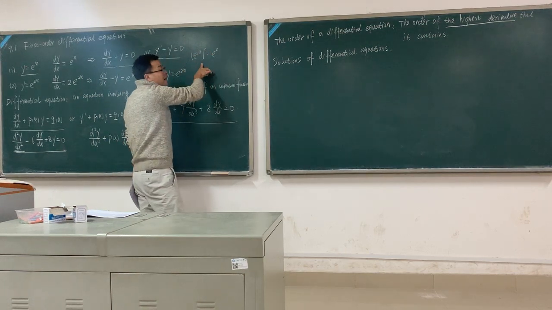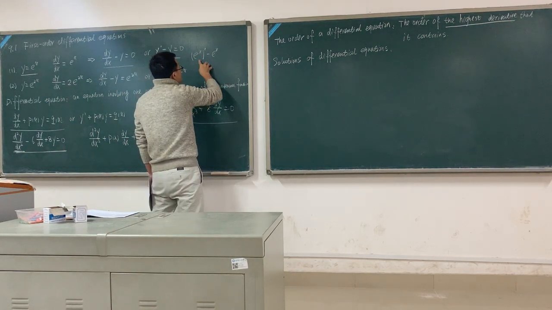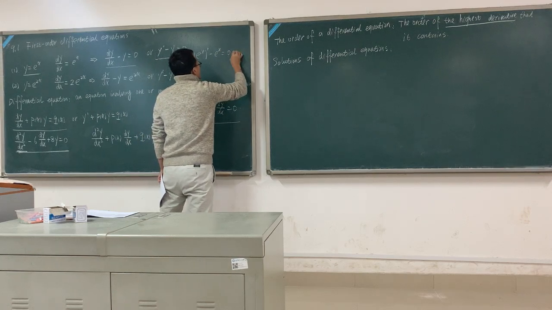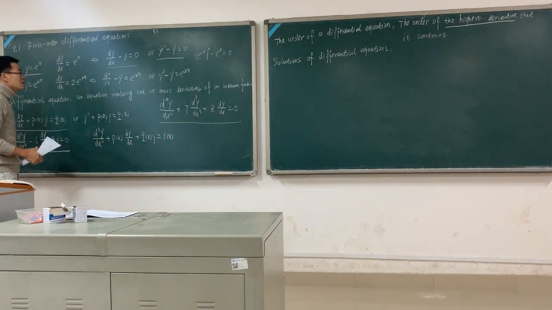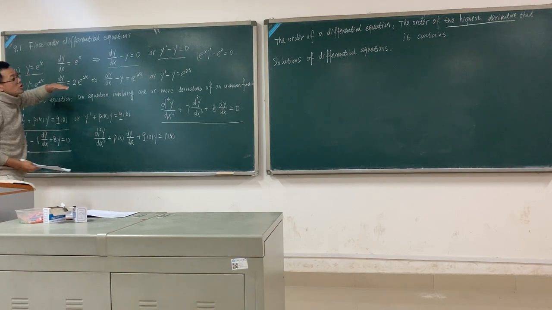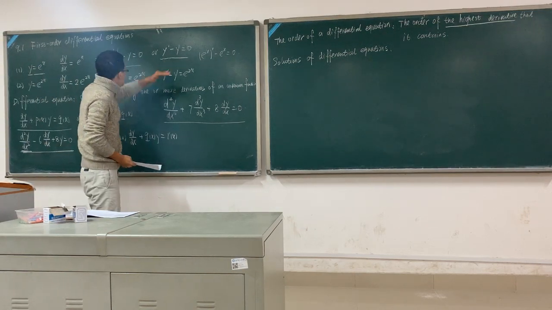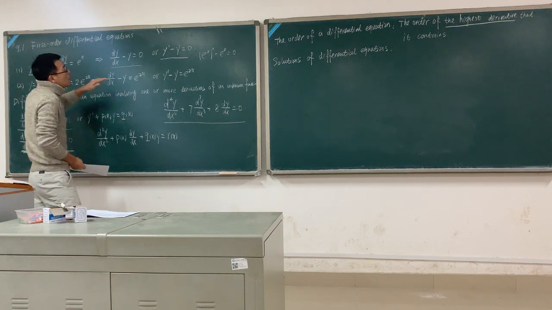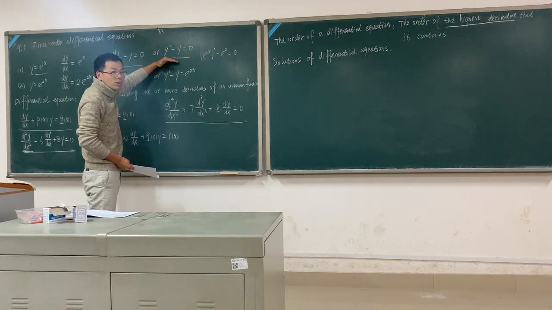The derivative of e^x is e^x, so e^x minus e^x is 0. This means this function is a solution of this equation.